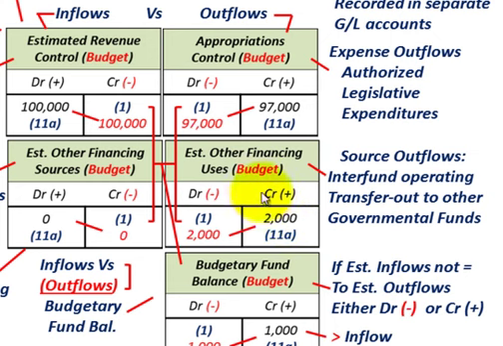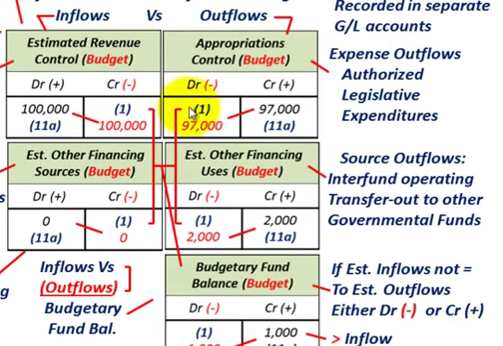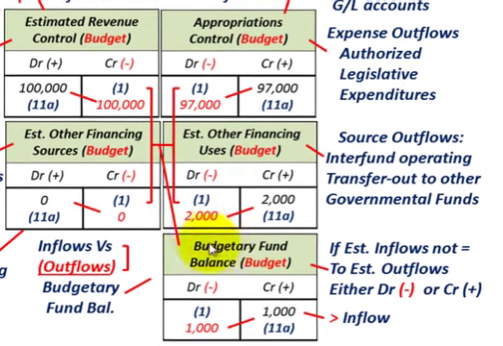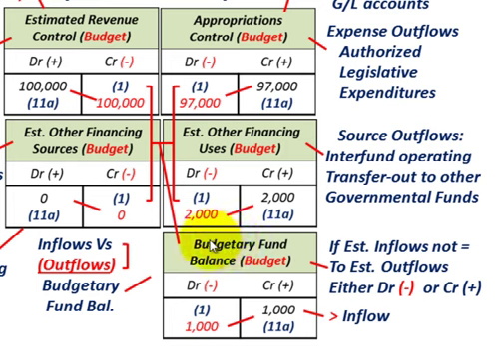So what we want to do here is compare our inflows with our outflows. In doing that, we're going to come up with our fifth account, and that's going to be our budgetary fund balance, again for the budget. This is where we're looking at whether the estimated inflows are not equal to the estimated outflows that we had up above. You're going to either debit it, reduce it, or credit it, increase it.